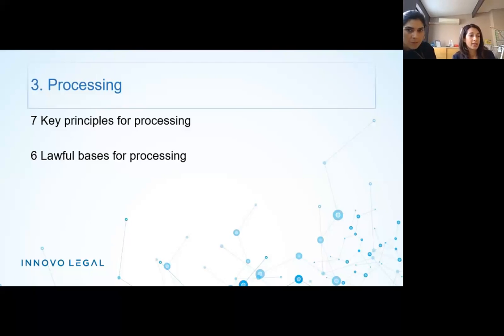Third one is legal obligation, so under the legislation, but not a contract. The fourth one is a vital interest, when you're trying to protect someone's life, for example. The fifth one is public task, so if you've got an official function. And the last one is the legitimate interest.